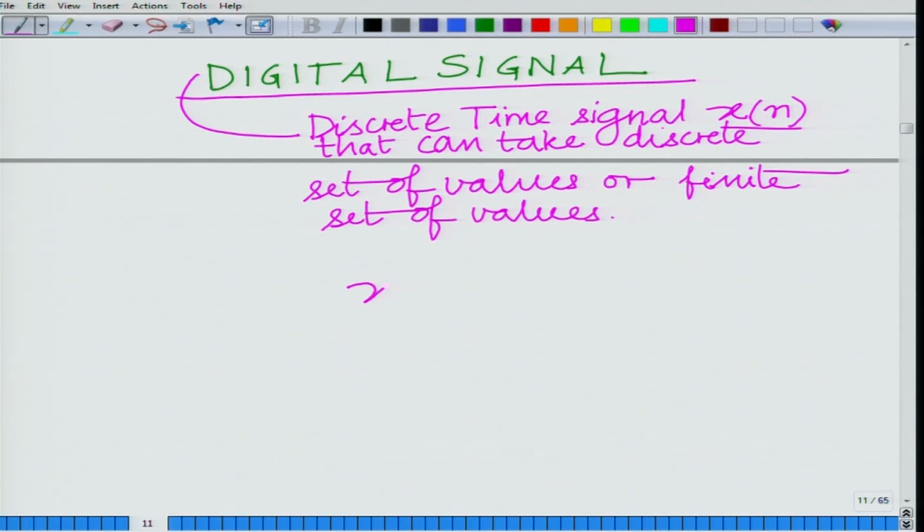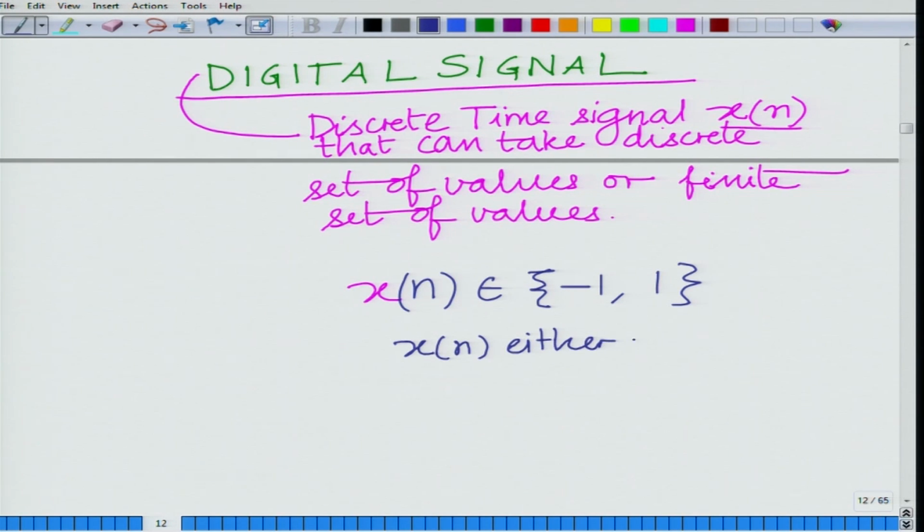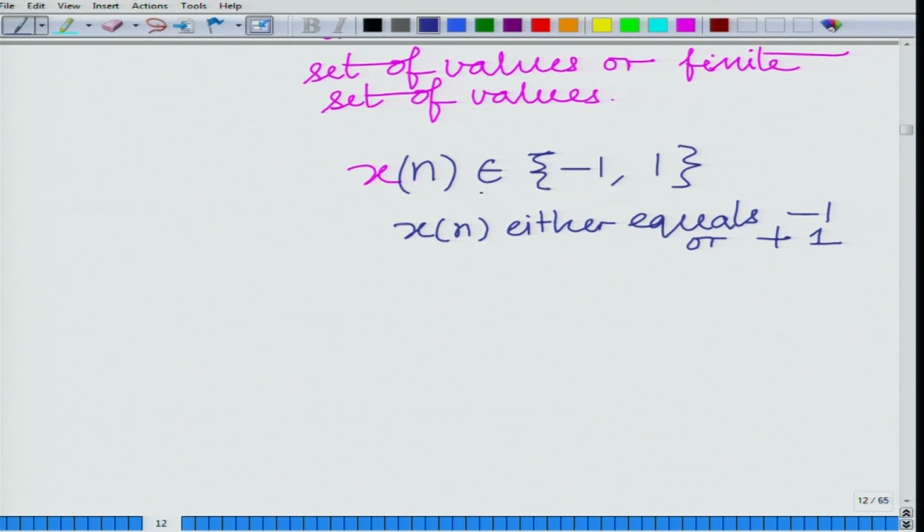For instance, if you have a discrete time signal x(n) such that x(n) is either minus 1 or plus 1, remember this is not an interval, so it can take only values from a discrete set, or only a finite number of values, that is, only 2 possible values.